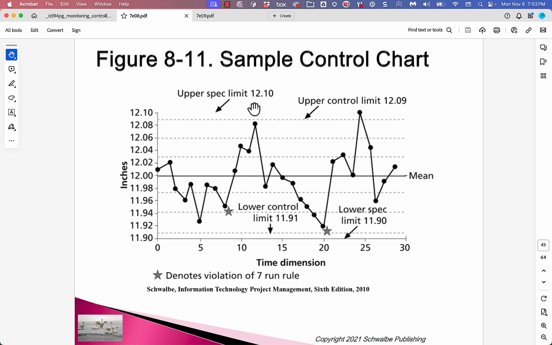So if we had some kind of machine that was turning out, an example that people use for this is you have a machine that's turning out rulers that are a foot long. Yeah, this is it. So we have a lower control limit of 11.9 inches and an upper of 12.10.